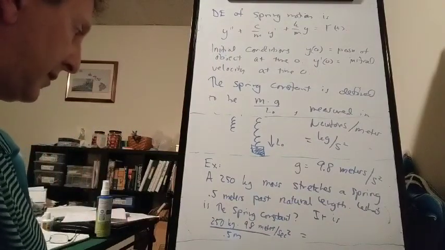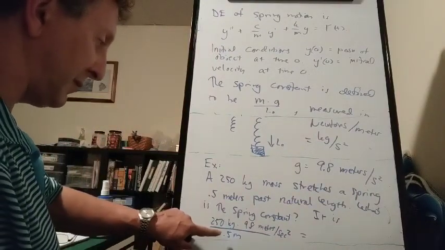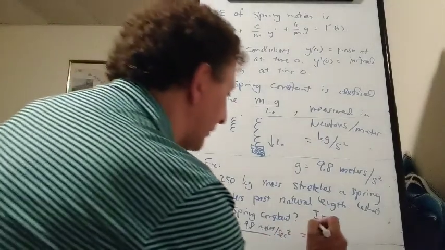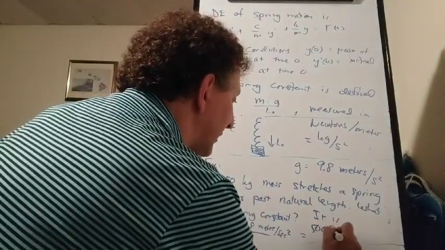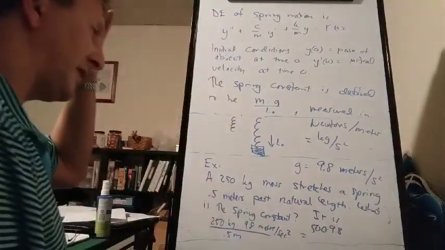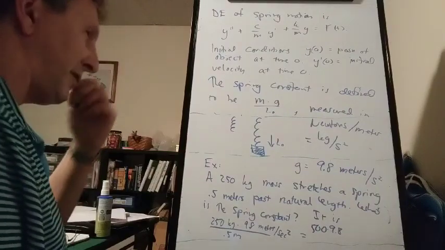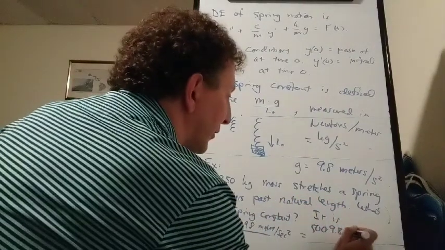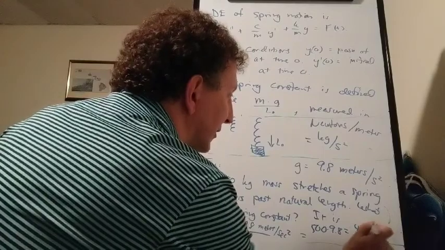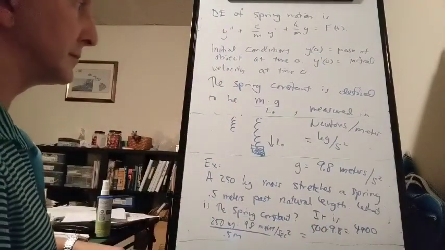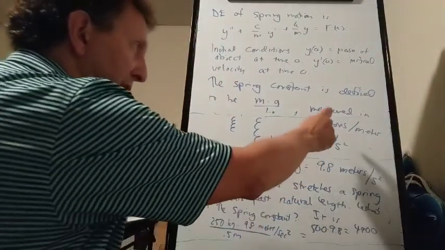So dividing by 0.5 is the same as multiplying by 2. So that's 500 times 9.8, which is half of 1,000 times 9.8. Half of 9,800 is 4,900 kilograms per second squared, or if you like, newtons per meter.